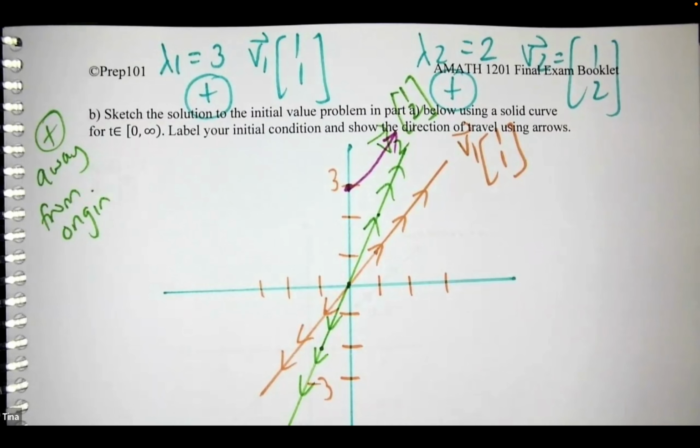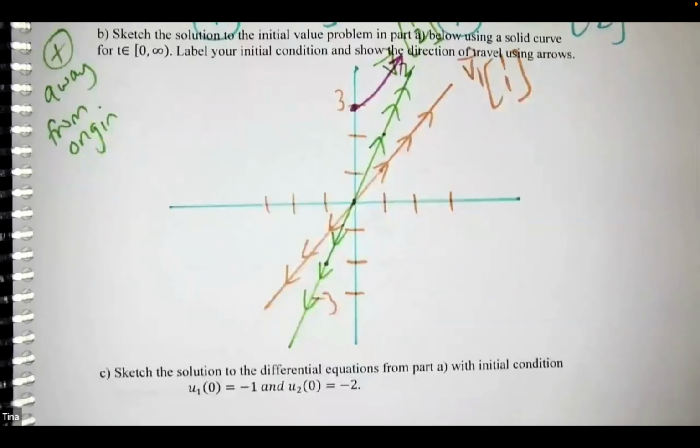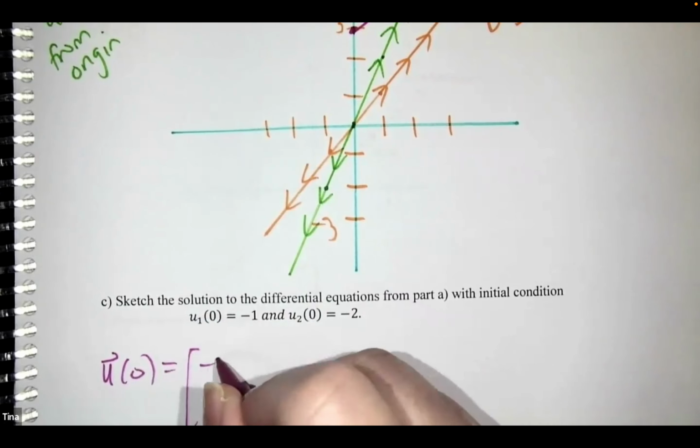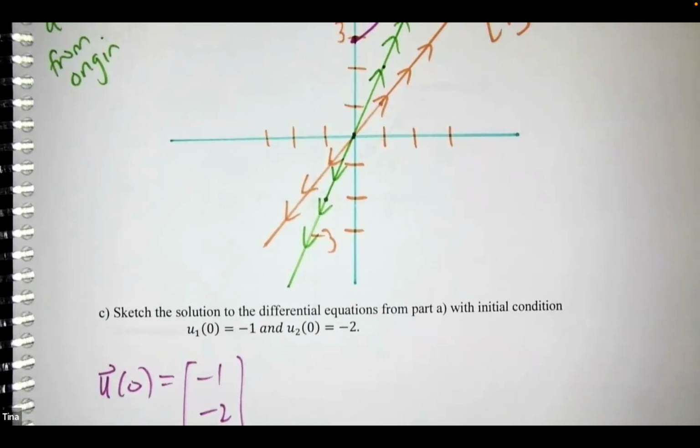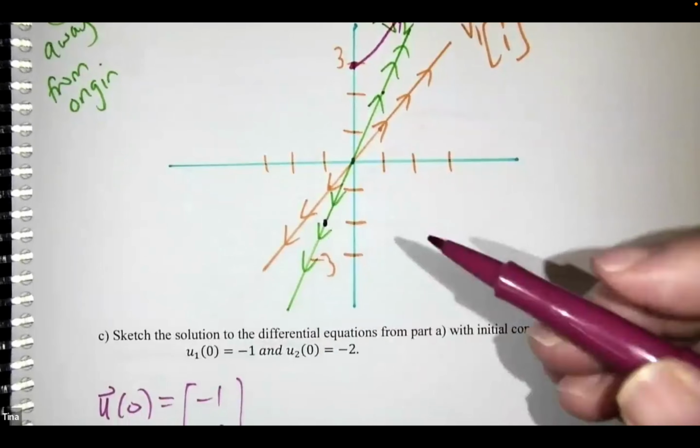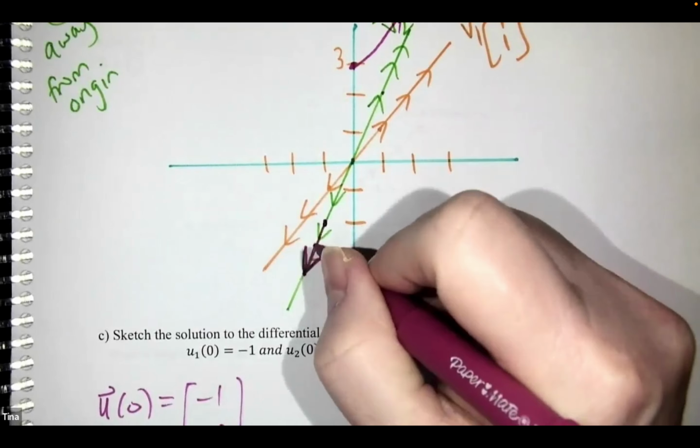And then in part C, they asked for a different initial condition. Now, if they ask you for a condition that is going along an actual eigenvector, which in part C they asked for, (-1, -2). Well, (-1, -2) is right on that vector. And so it's just going to go like that.